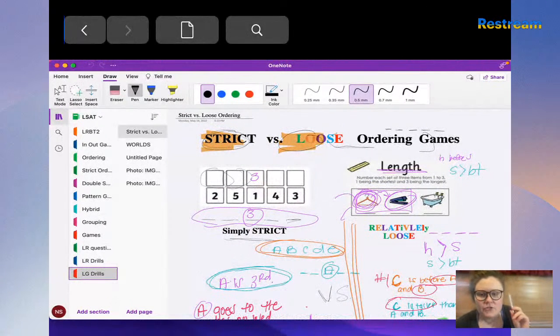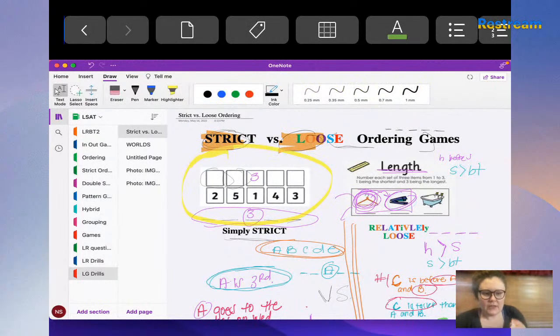Whenever we have strict ordering games, it's going to be like what I have here on the left. This is whenever we get a set of variables. So let's say our variables are 1, 2, 3, 4, 5, and we're going to put those into a specific spot. Oftentimes these might be 5 people.